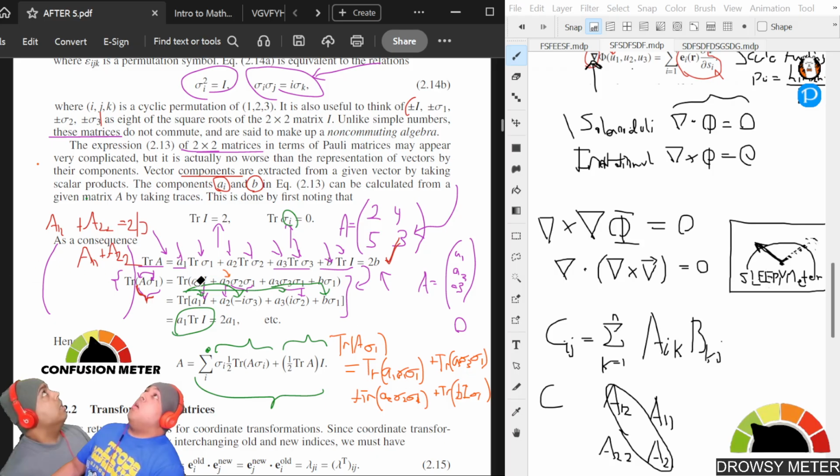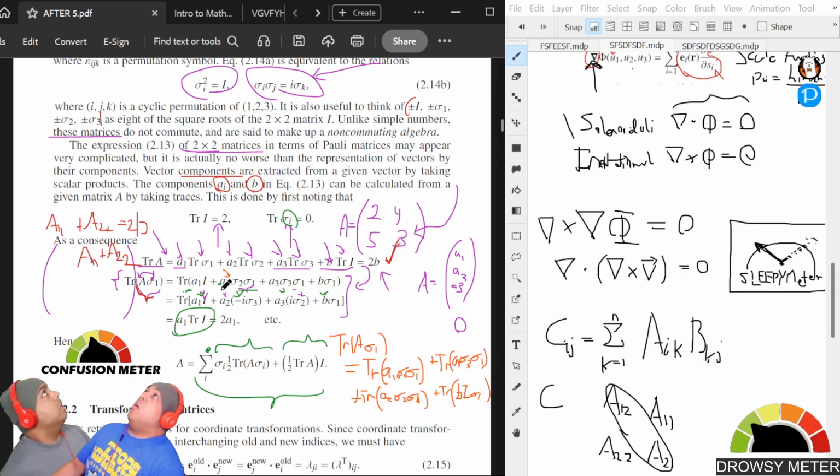Let's see if this correlates with what we have here. A1I, B row 1. Trace of I is 2. Trace A1I. Trace A2 row 2 row 1. A3 row 1.